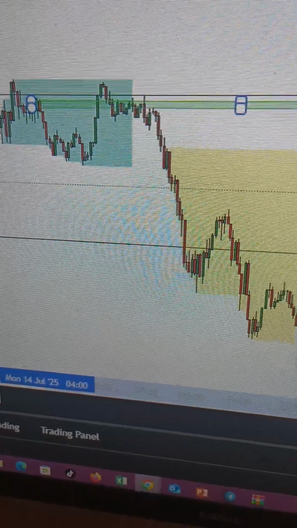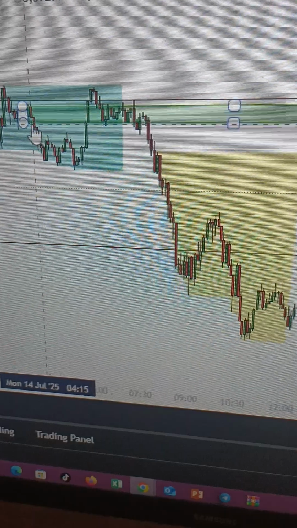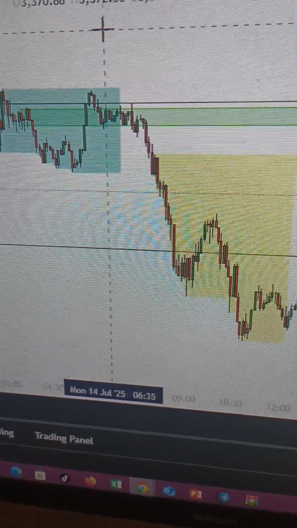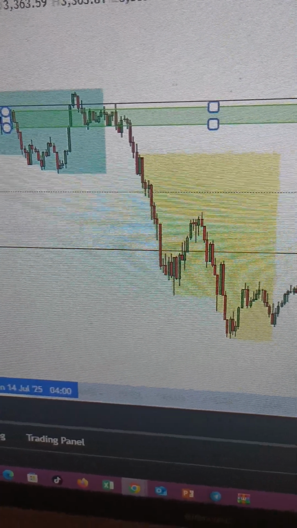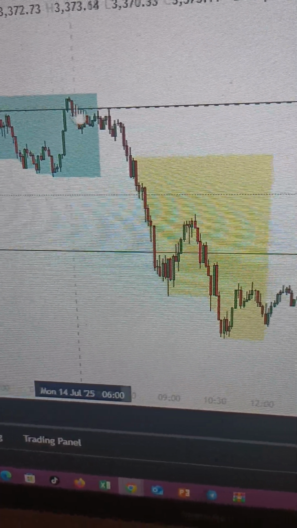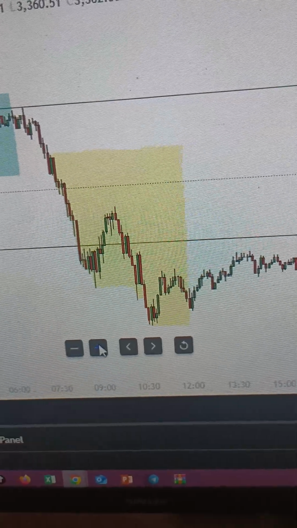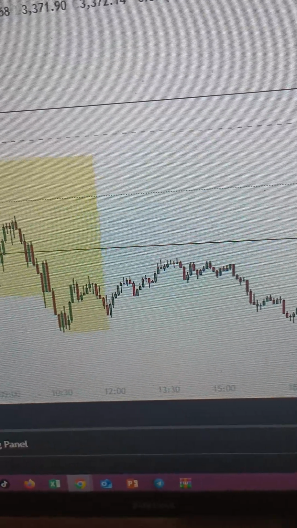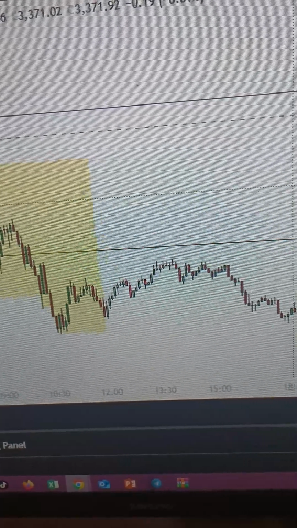We are waiting for the market to come here, we sell. But this OB did not play out because we broke above it, right? So we wait again. Since this is our resistance area, we still want to see that break of structure and then a return.